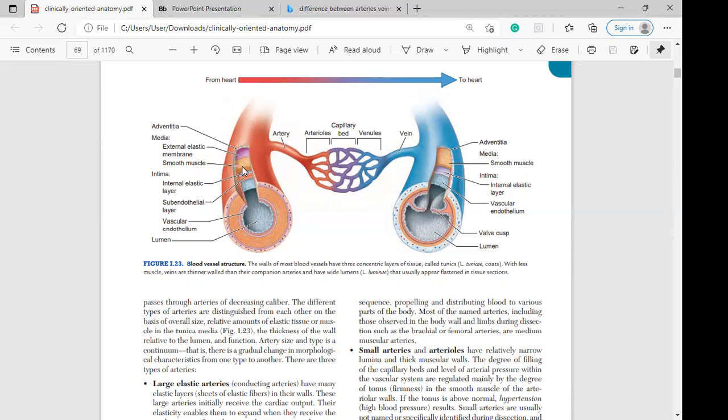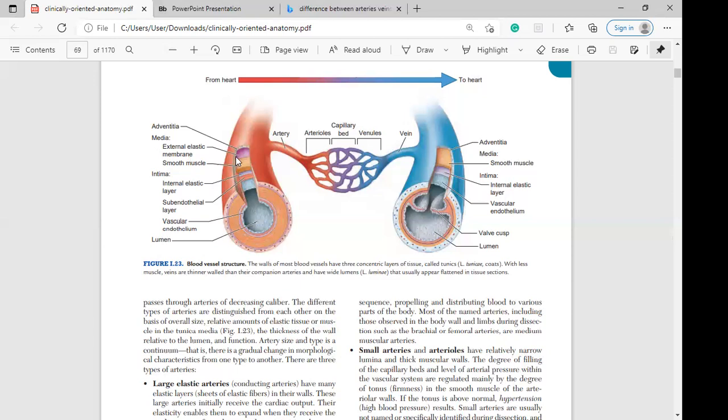When you want to move from one tunic to another, there is an elastic membrane. Between the intima and the media, you found an internal elastic layer that separates the intima from the media. When you move from the media to the adventitia, you find an external elastic membrane. So in the media, you have the smooth muscles and the external elastic membrane.